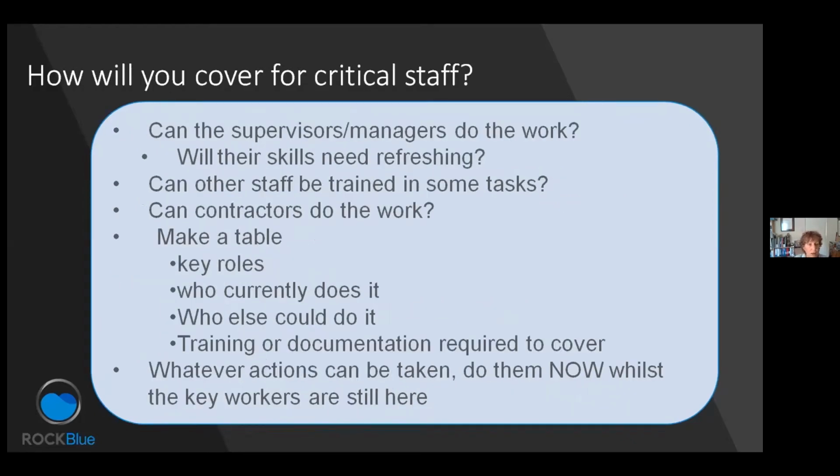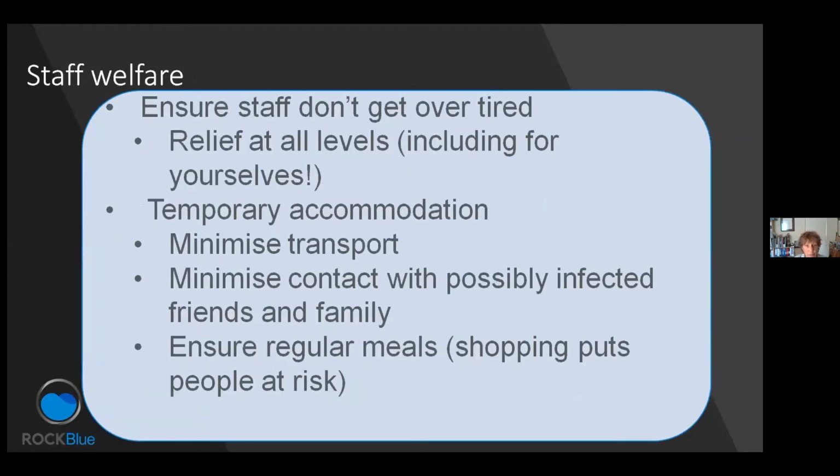So you may need to train staff, and whatever actions you need to do, as I said, do them now, because you may need your skilled and experienced staff to train other people.